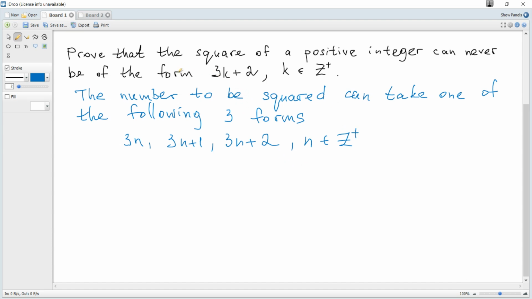And we need the square of a positive integer, so let's consider the square of each number.